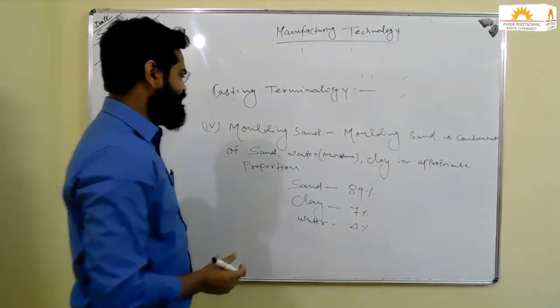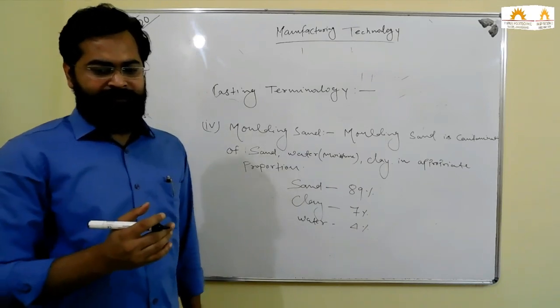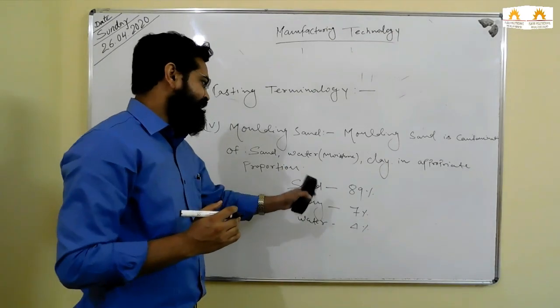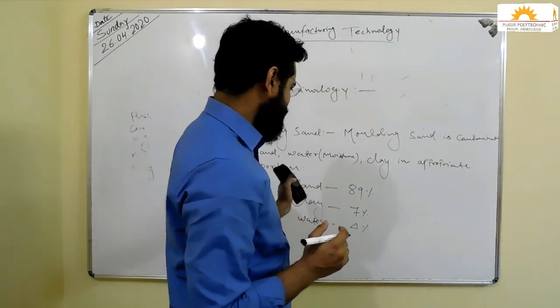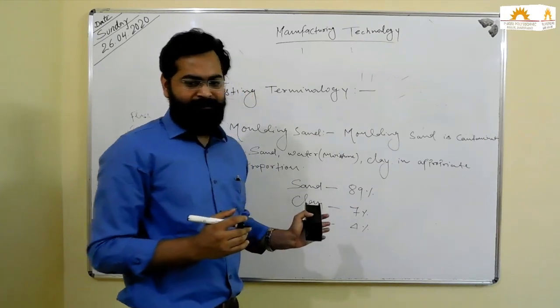This is the composition of molding sand. A typical volume used in molding sand is 89% sand, 7% clay and 4% water.